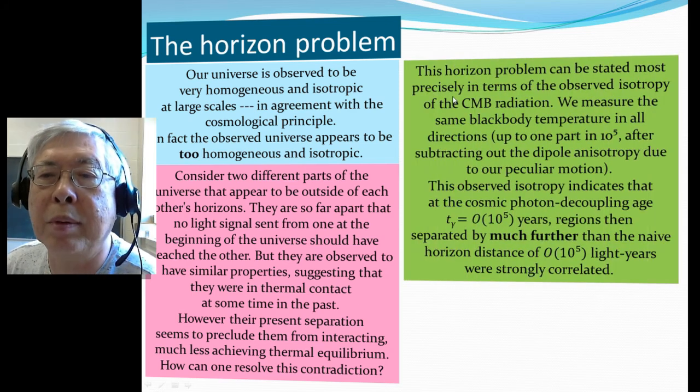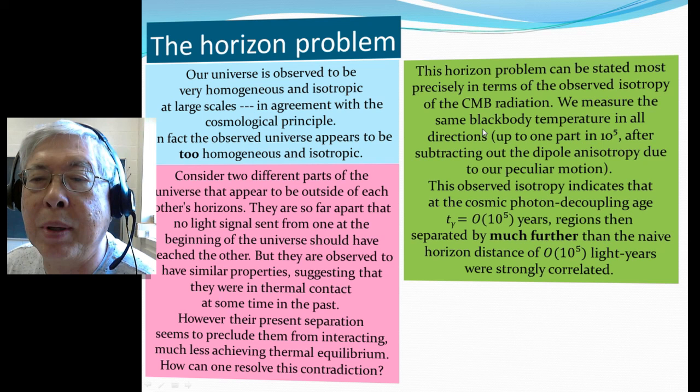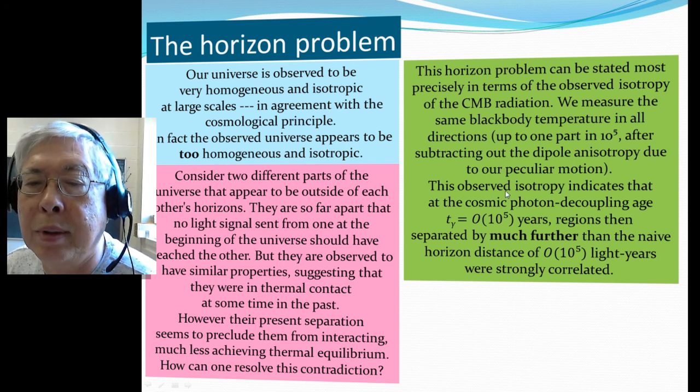This horizon problem can be stated more precisely in terms of the observed isotropy of the CMB radiation. We measure the same black body temperature in all directions up to 1 part in 100,000, after subtracting out the dipole anisotropy due to our peculiar motion.